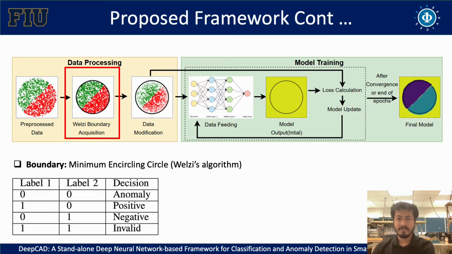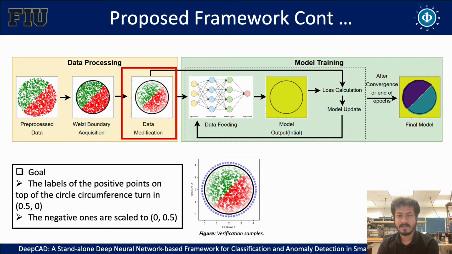However, the labels are scaled and normalized after boundary acquisition according to the distance from the circle center or boundary. After the scaling and normalization, the positive samples close to the boundary are labeled close to 0.5, 0, whereas the negative samples are labeled close to 0, 0.5. Similarly, the positive samples near the circle center will be labeled close to 1, 0, and the negative samples close to 0, 1. The points in between are scaled accordingly.